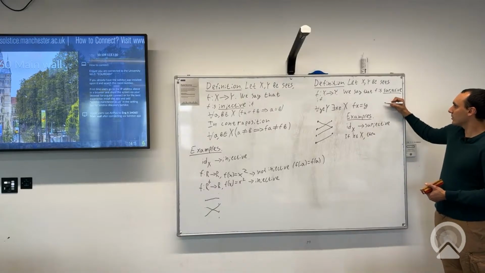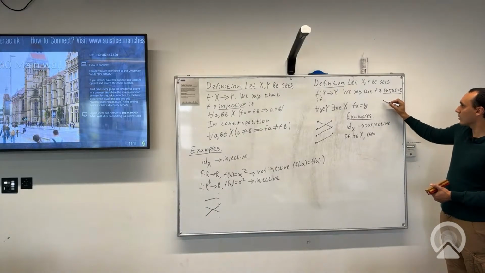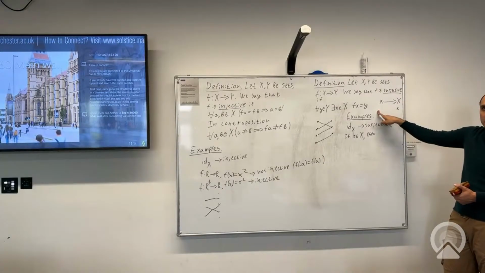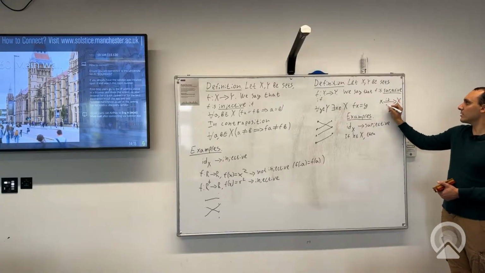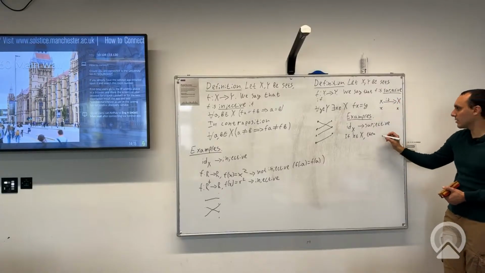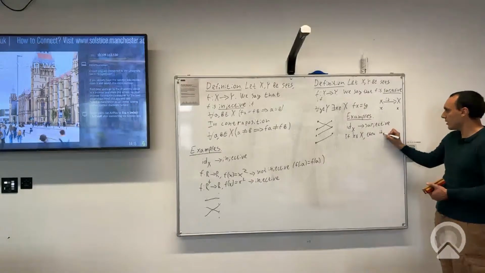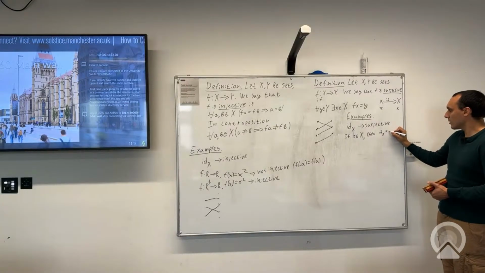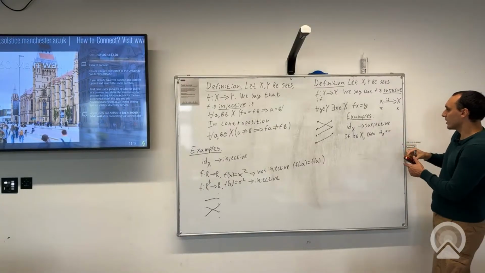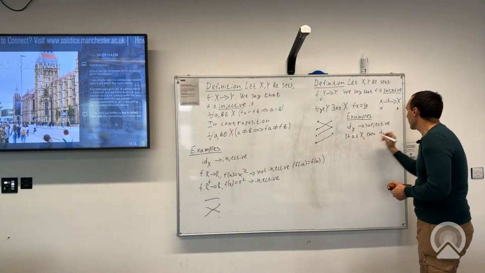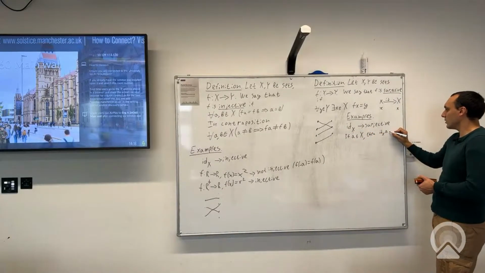We take some element x here, and the pre-image is the same x. Identity of a equals a.